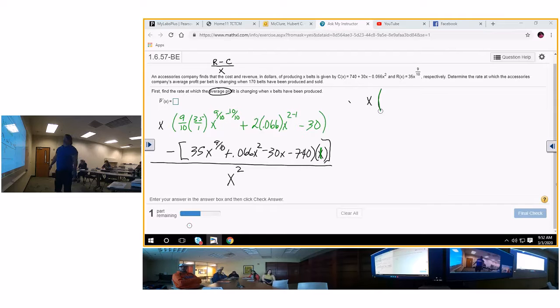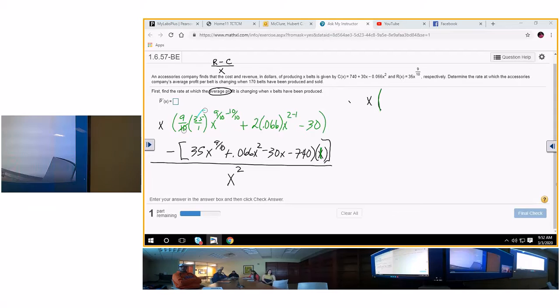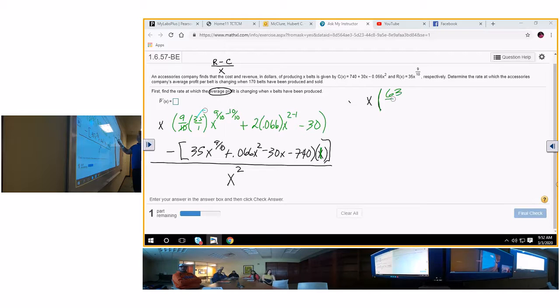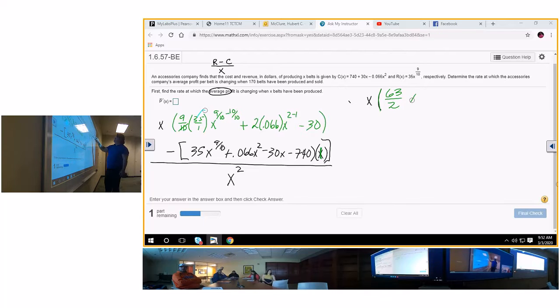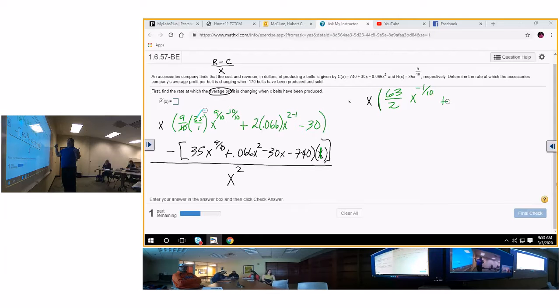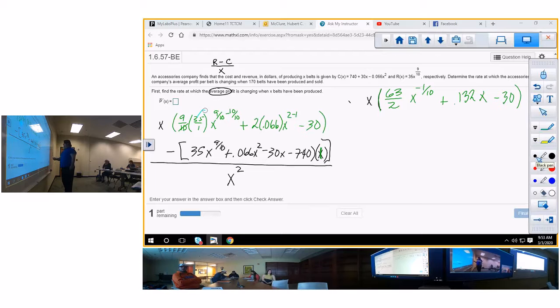That would be 63 over 2, and x to the -1/10, plus 2 times 0.132, 0.132x minus 30, and then go ahead and crank that out.